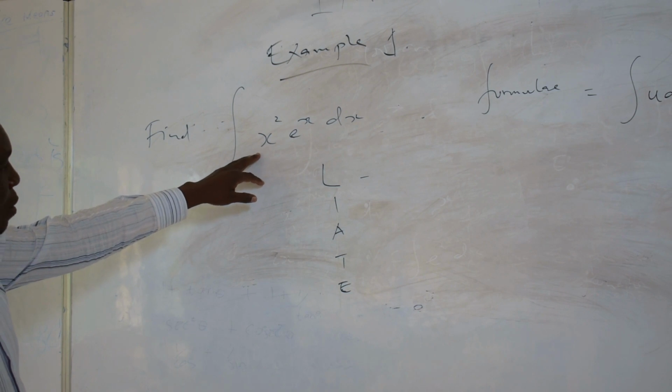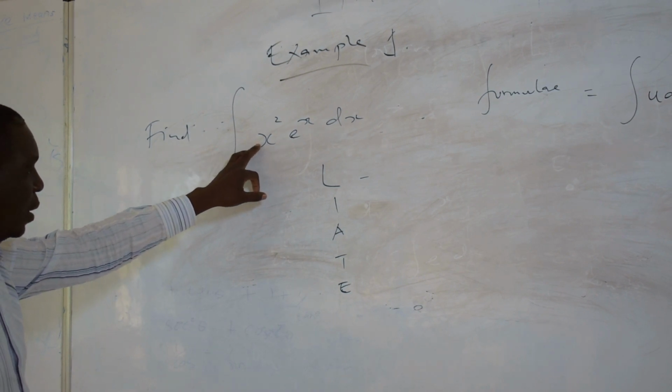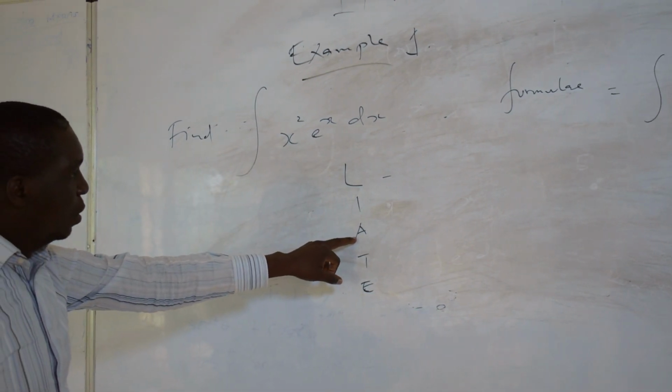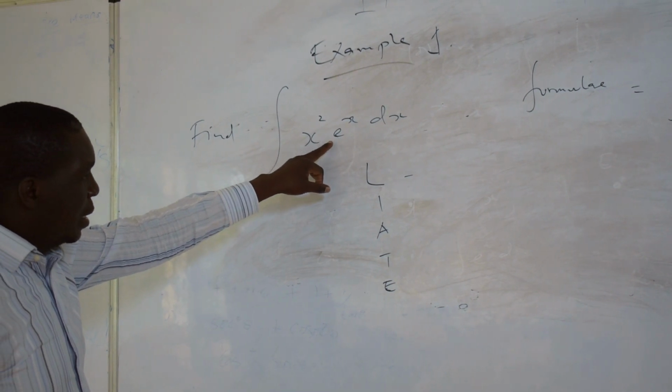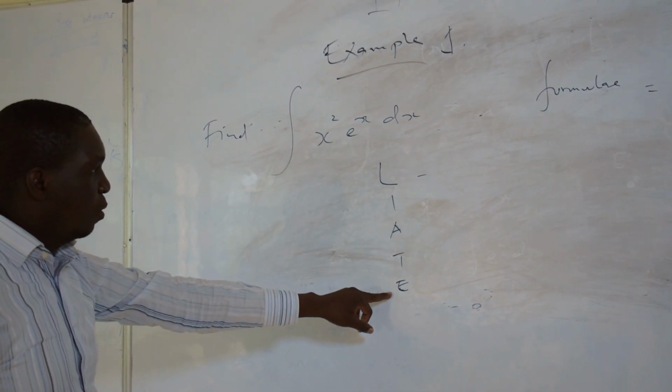If you look at our integral, x squared is an algebraic function and e to the power x is an exponential function.